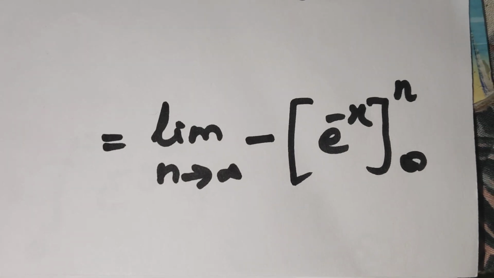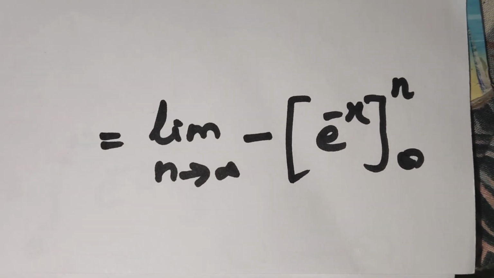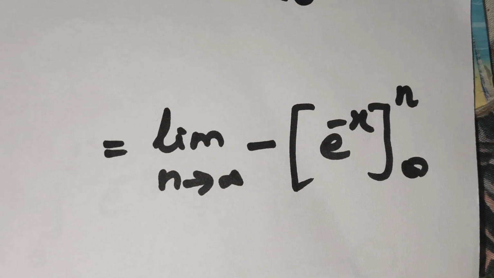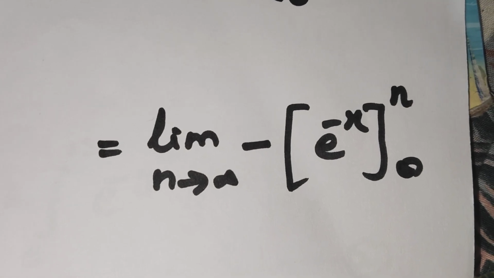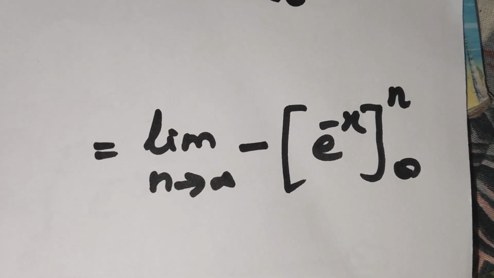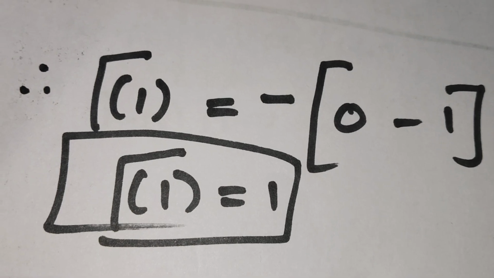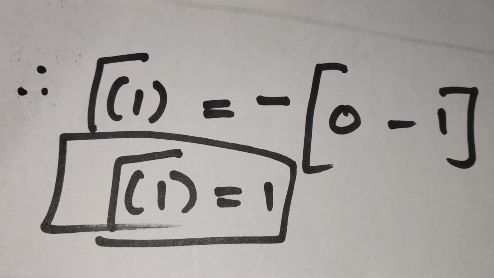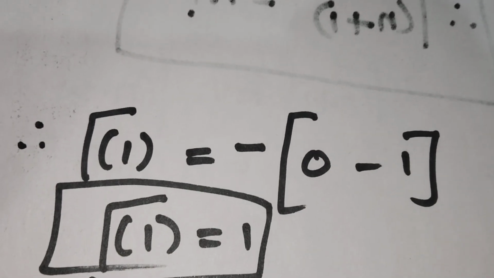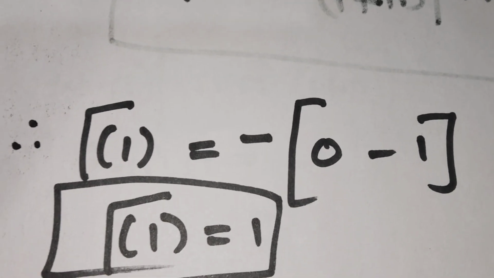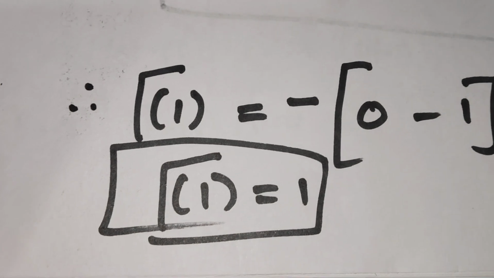By using the property of improper integrals, gamma of 1 is equal to limit n tends to infinity of minus e power minus x, the limits from 0 to n. Applying the limits, we get gamma of 1 is equal to minus 0 minus 1 and therefore gamma of 1 is equal to 1.